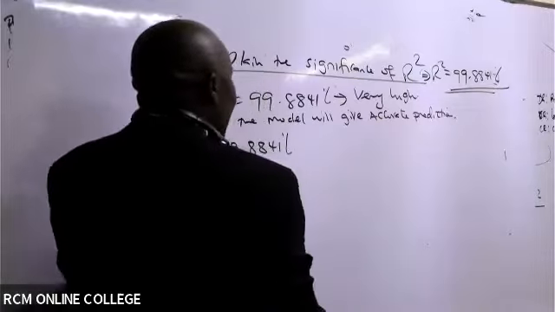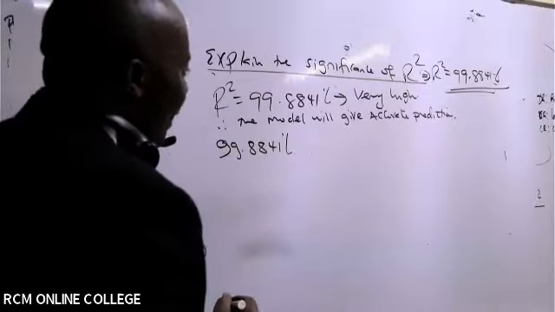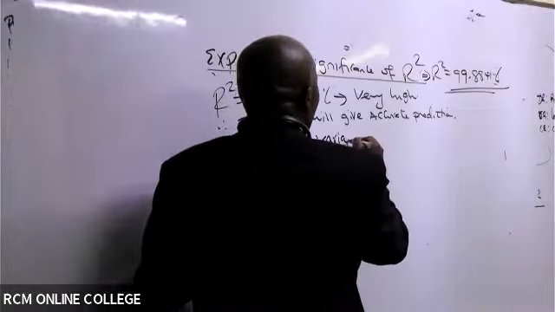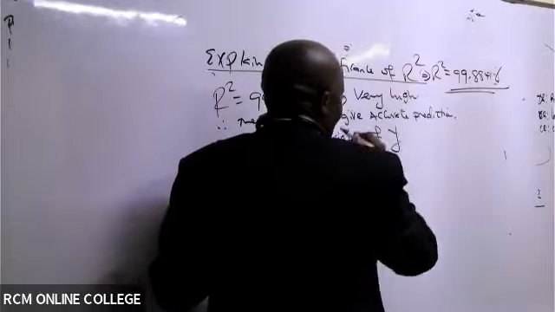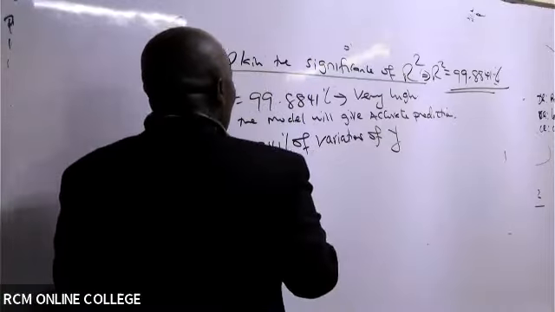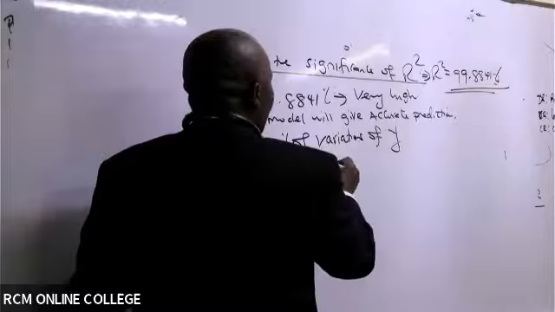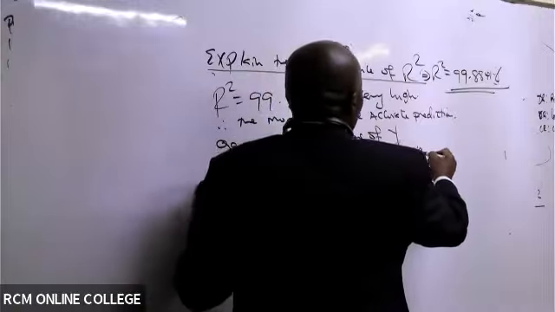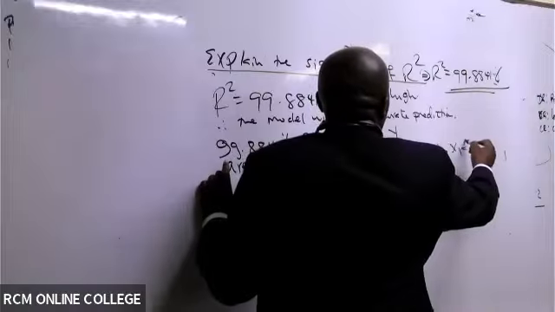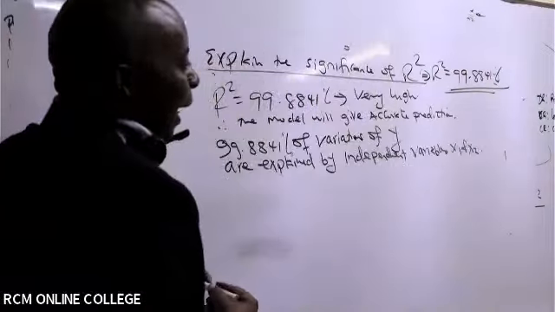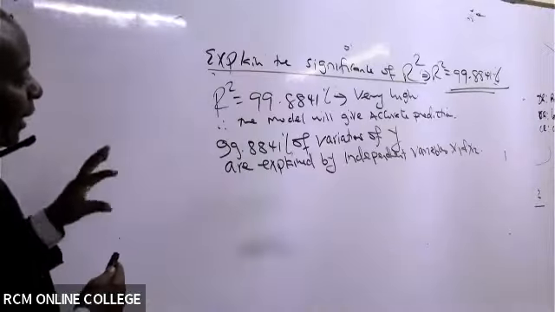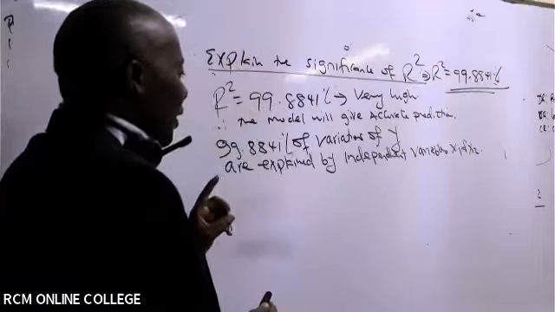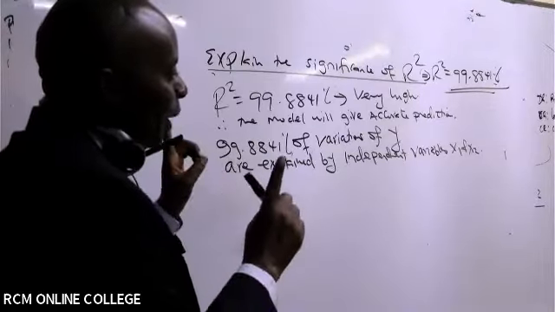But the most important thing is for you to appreciate this. It means that 99.8841% of variations of y are explained by independent variables x1 and x2. 99.8841% of variations of our dependent variable, which is y, are explained by our two independent variables.